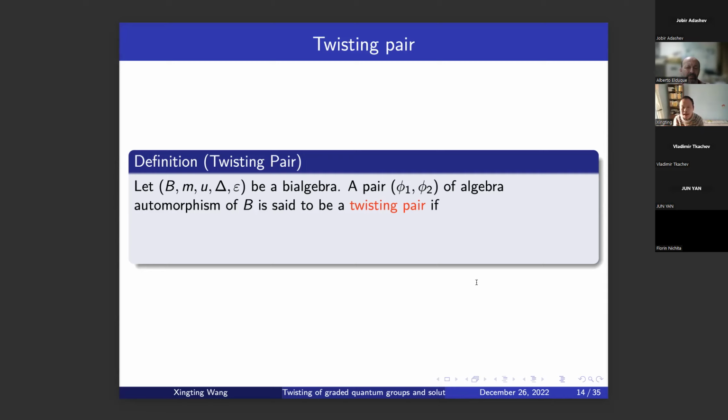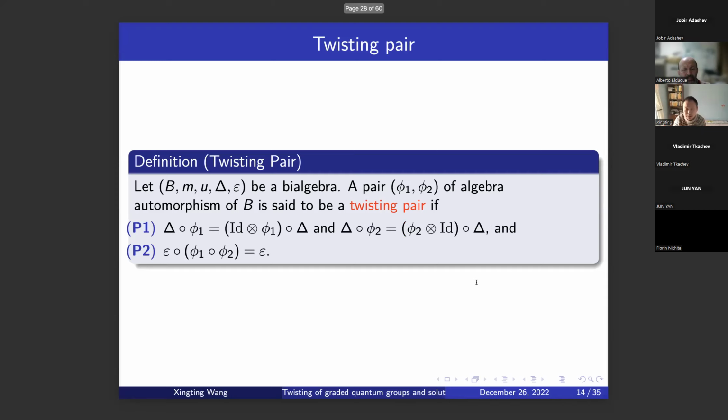A twisting pair is a pair of algebra automorphisms. We don't need a bialgebra, just algebra automorphisms, and we don't need to keep the grading, nothing like that, just two algebra automorphisms satisfying the following two conditions. The second condition just means it's well behaved with the comultiplication.